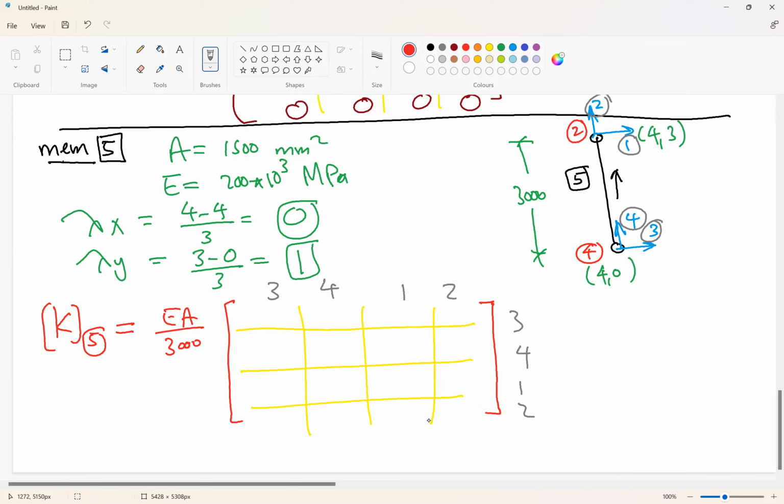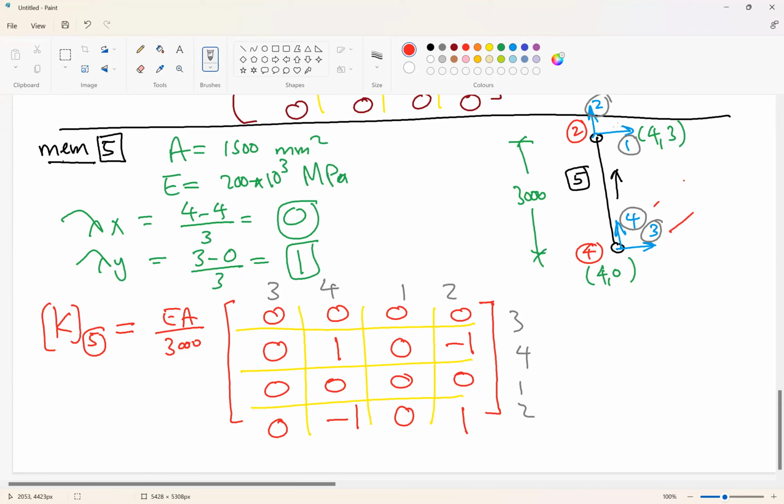Anything related to lambda x will be 0, so this will be 0, this will be 0, this will be 0, this will be 0. All of this has lambda x. Lambda x is also 0 here, so this will be lambda y squared, lambda y squared, negative lambda y squared, negative lambda y squared. So this is our stiffness matrix for member 5.